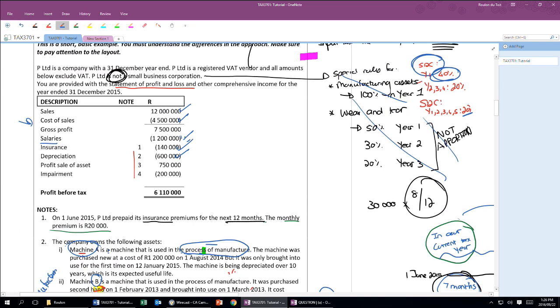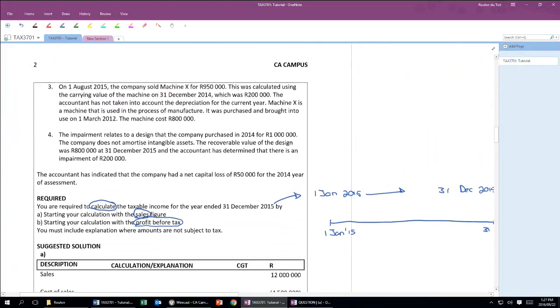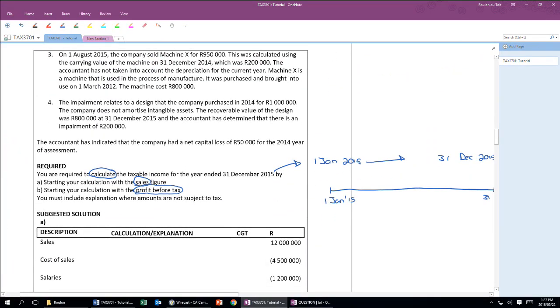Then we have profit on sale of an asset, note number 3, and they tell you it was 750,000 rand. So if we look at note number 3, it says on the 1st of August 2015, the company sold machine X for 950,000 rands. This was calculated using the carrying value of the machine on the 31st December, which was 200,000 rands.